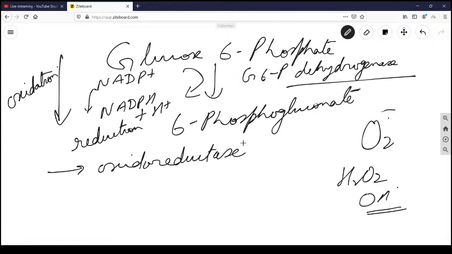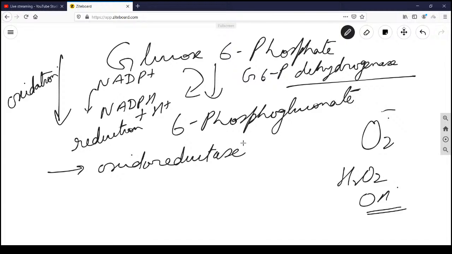What is that deficiency and what happens in that deficiency? Glucose 6 phosphate dehydrogenase deficiency is an inherited condition. We know that because the gene will be mutated. In this deficiency, it affects mostly the red blood cells.